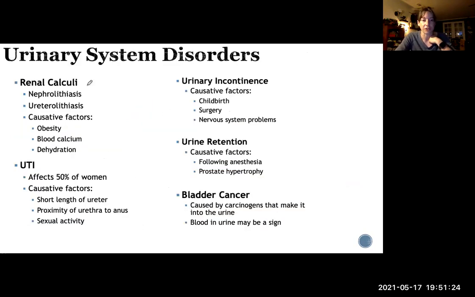Okay, so disorders. Renal calculi is the fancy name for kidney stones. Nephrolithiasis, lith as in a stone, means that you have a stone in the kidney itself, like it's built up in the nephron itself, which is extremely painful and bad for you.